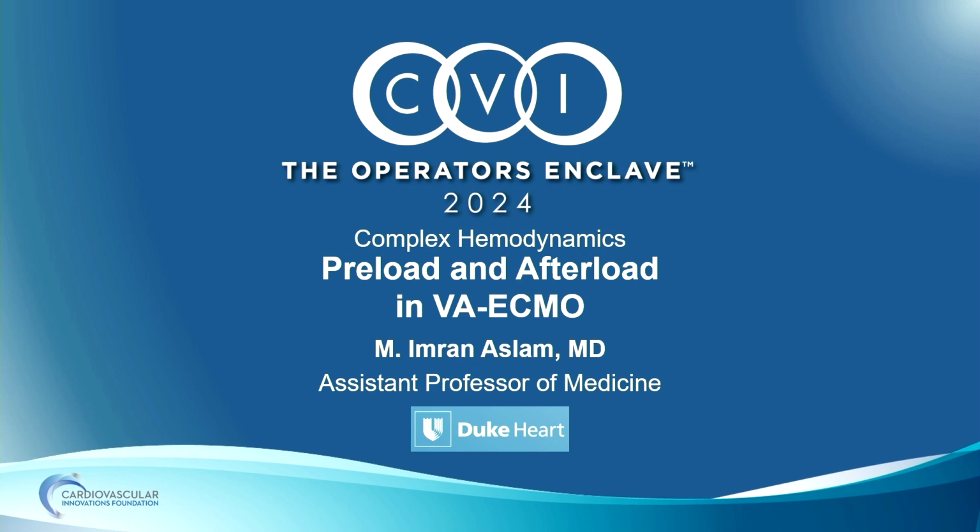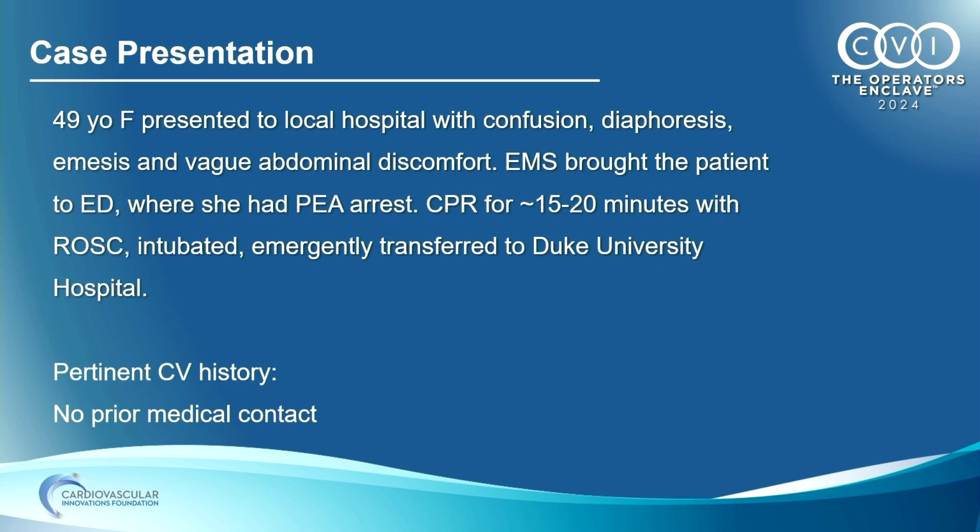I'll focus on the case and hopefully some good discussion points, talking about preload and afterload in a patient who was in cardiogenic shock and ended up going on VA-ECMO. No relevant disclosures. This patient was a 49-year-old female who presented to a local hospital, not to our hospital initially, with confusion, diaphoresis, some emesis, and some vague abdominal discomfort.